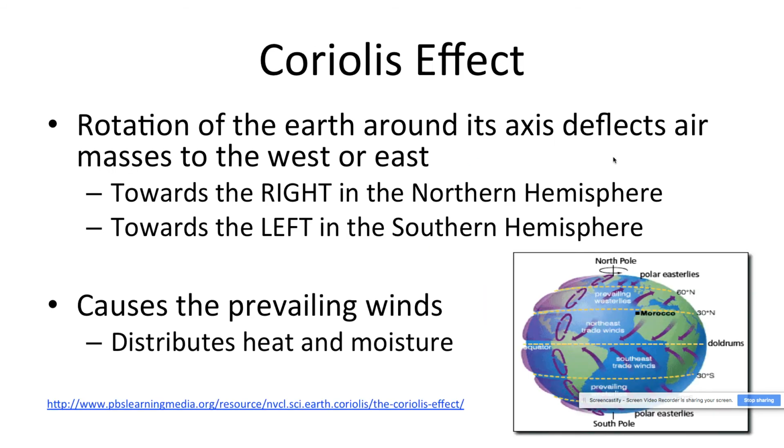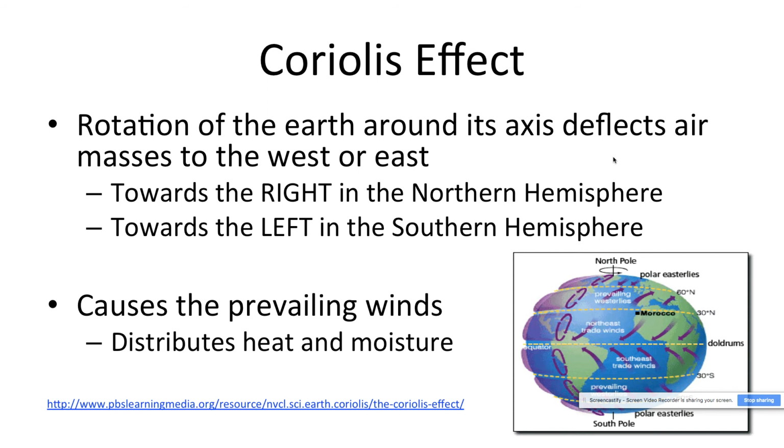The Coriolis effect has a massive effect on these, because it is going to push these air cells either left or right, depending on what hemisphere they're in. This is due to the rotation of the Earth. The air will deflect to the right in the northern hemisphere and to the left in the southern hemisphere. This movement causes the prevailing winds.